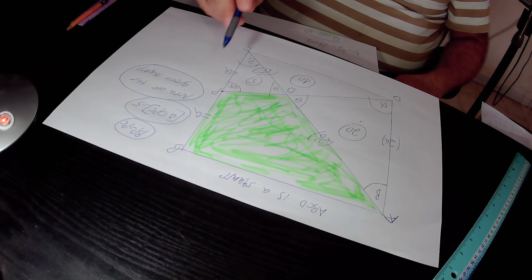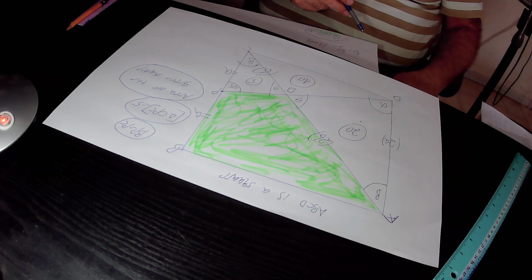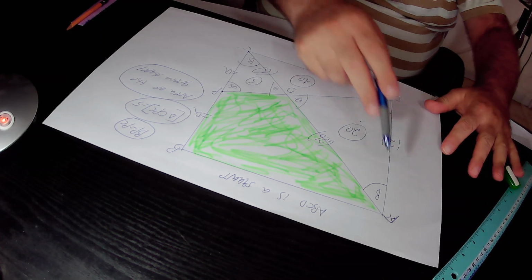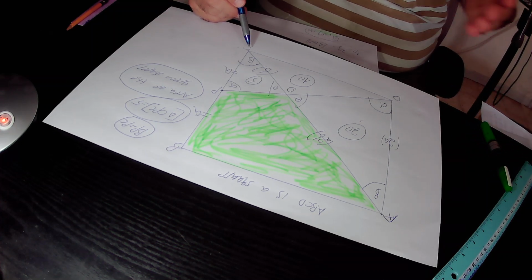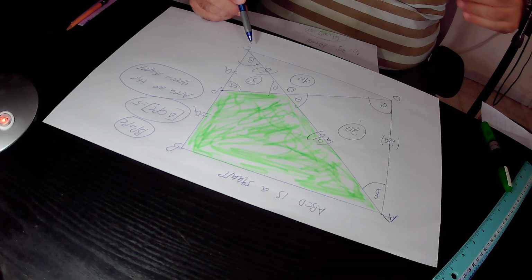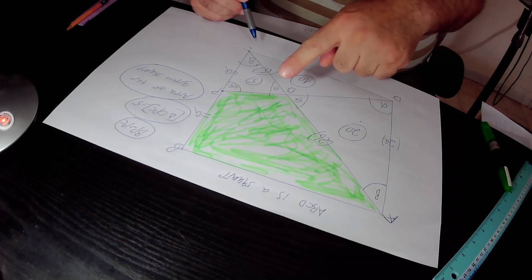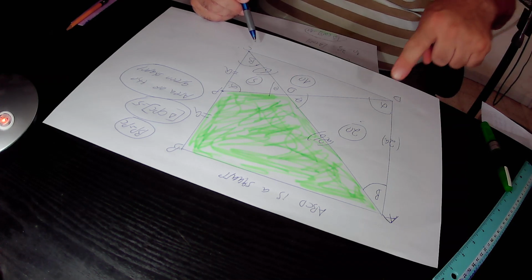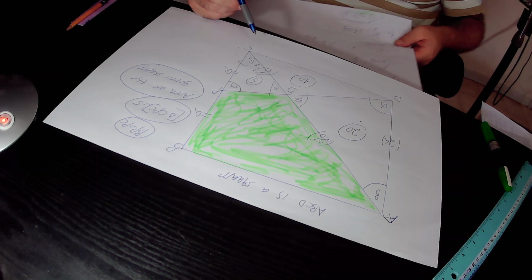Likewise, side BC of triangle ABC is equal to side AD of triangle ADC. And finally, side AC is a common side that belongs to both triangles. So we can write that AC equals itself, a common side of both triangles.